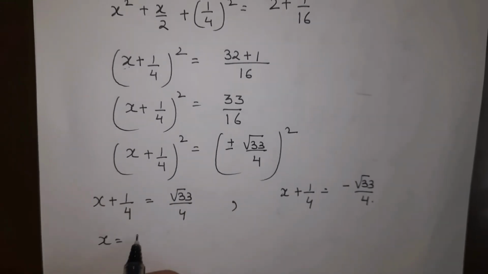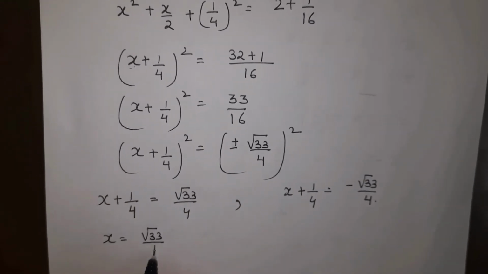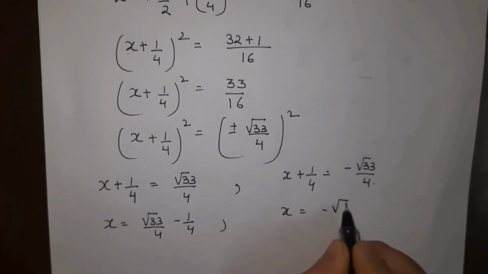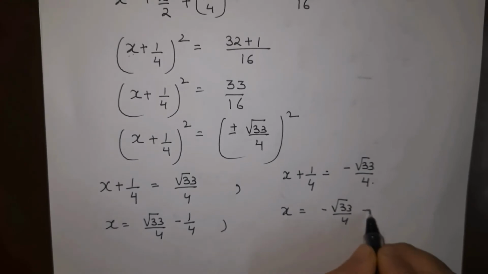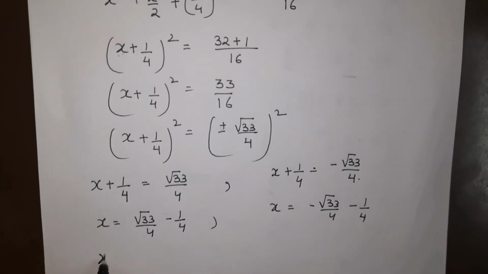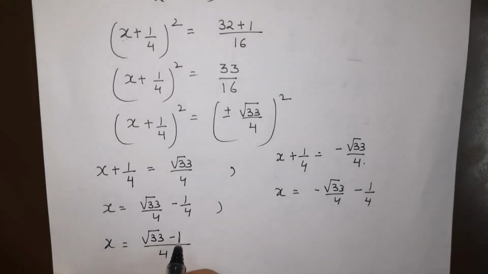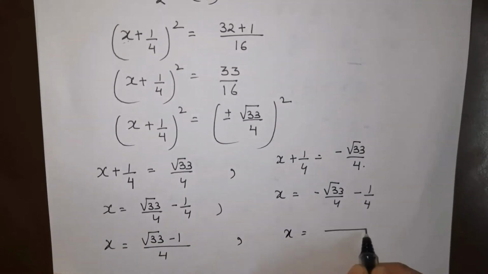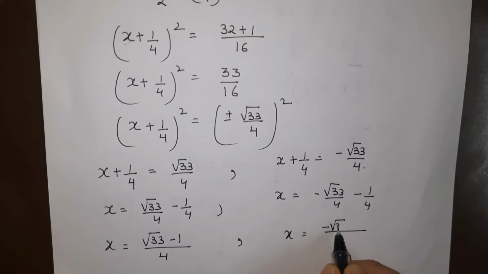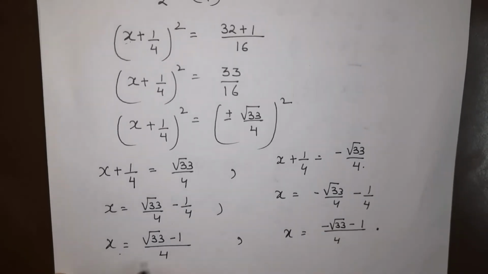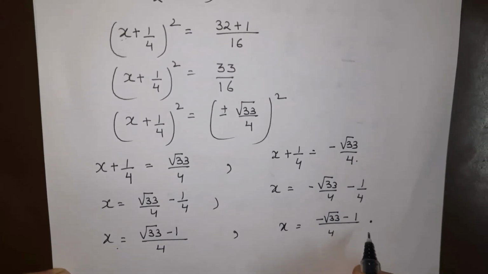So it will be root 33 by 4 minus 1 by 4, and this is minus root 33 by 4 minus 1 by 4. So x is equal to, taking 4 as LCM, root 33 minus 1 over 4, and in this case minus root 33 minus 1 over 4. So these are the two solutions of the given equation.